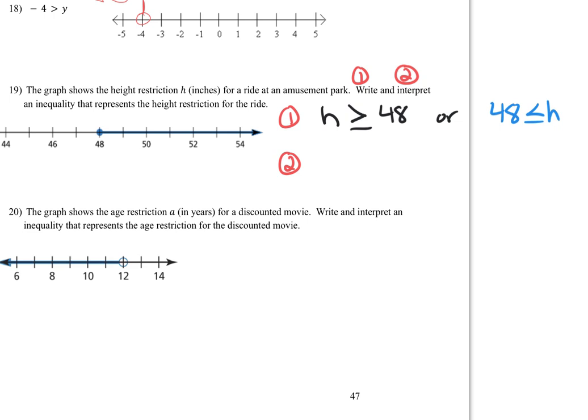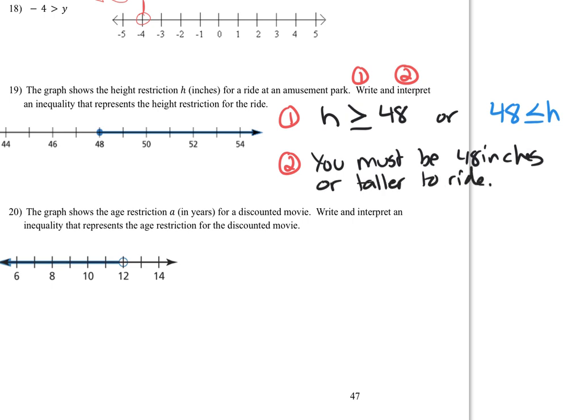Perfect. You got to be 48 inches or taller to ride the ride. Let's write it. You must be 48 inches or taller to ride. Awesome. That's all that interpret means. Is just tell me what those numbers actually mean in this scenario.